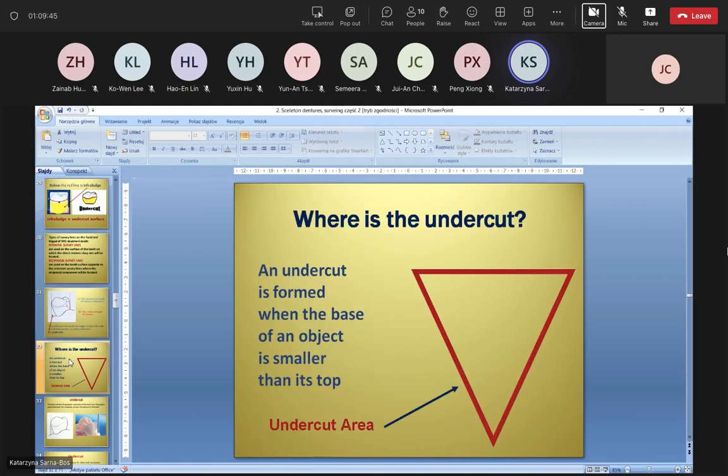And what does it mean, an undercut? An undercut is formed when the base of an object is smaller than its top. Yes, so this is the base of an object and the top. And in such cases, we get the undercut area, which is placed here.